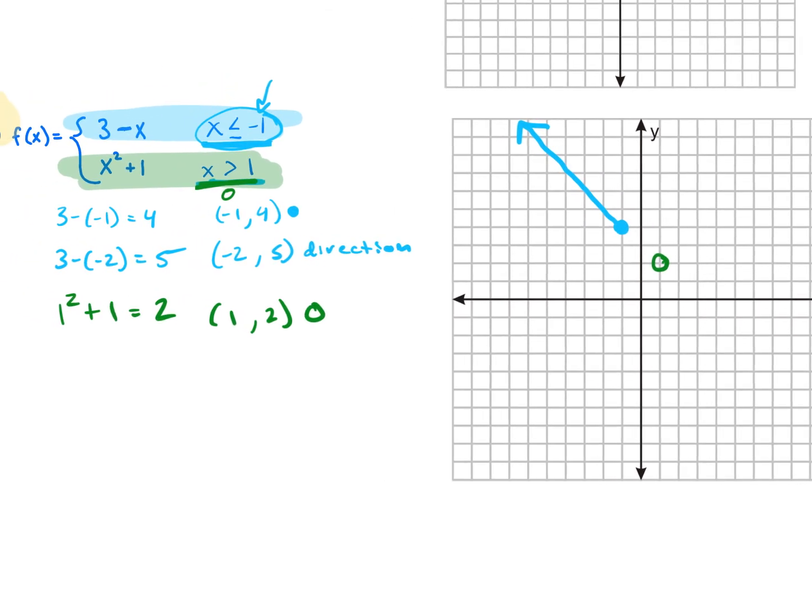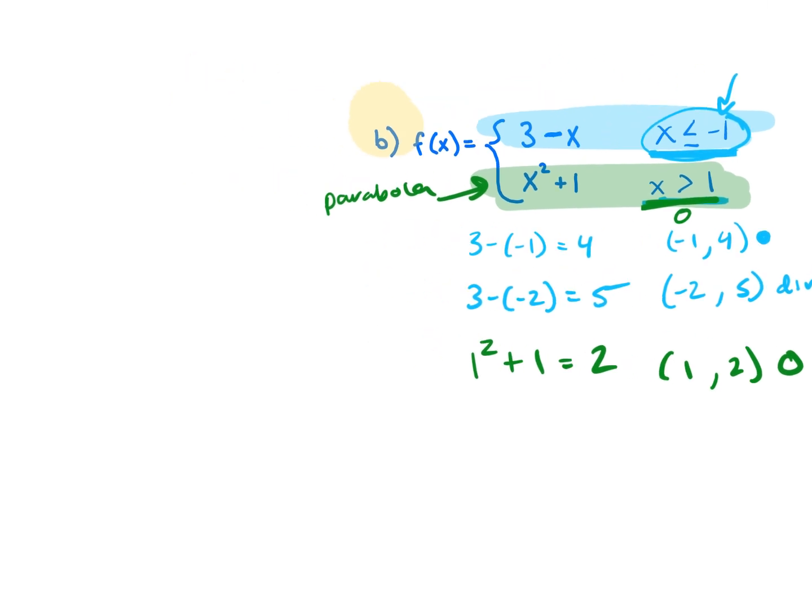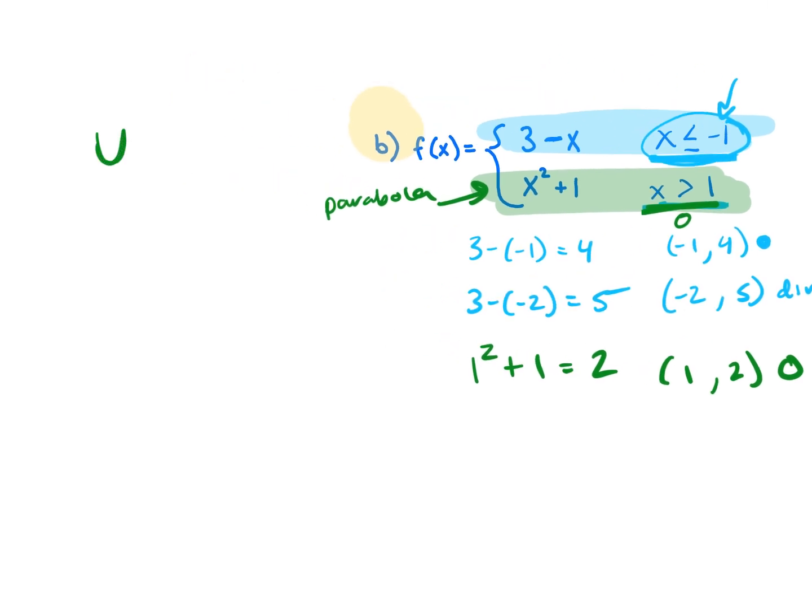Now we need some direction for our graph here. What's the shape of this graph going to be? A parabola. But remember, it could be any part of the parabola. I think some people got confused on the quiz.